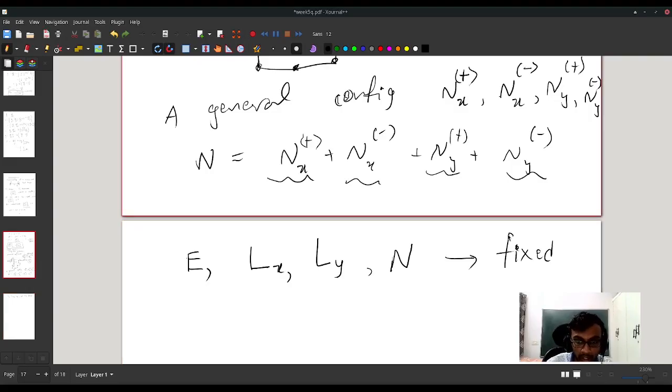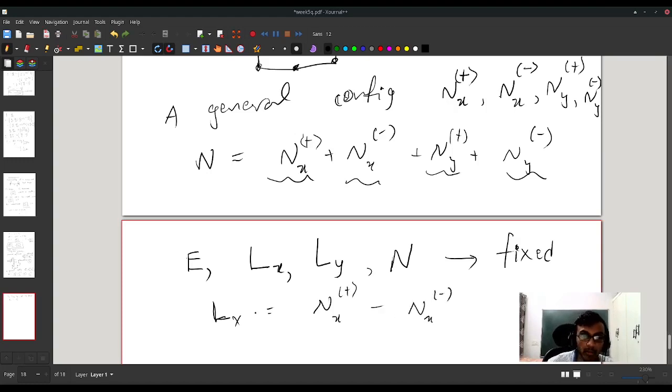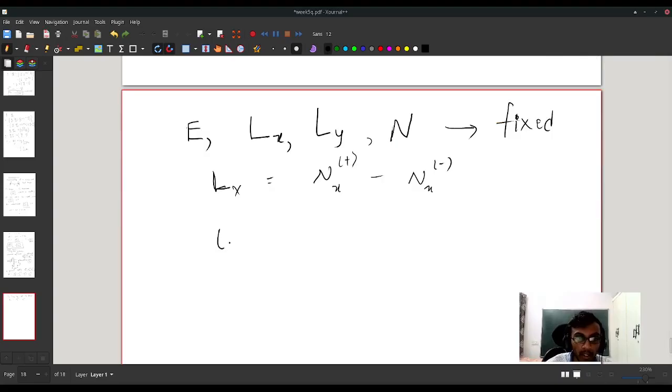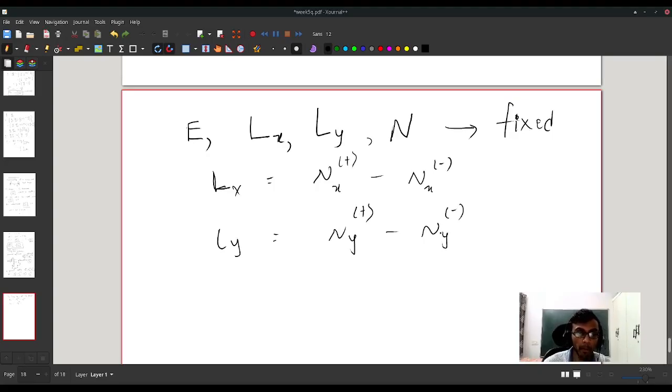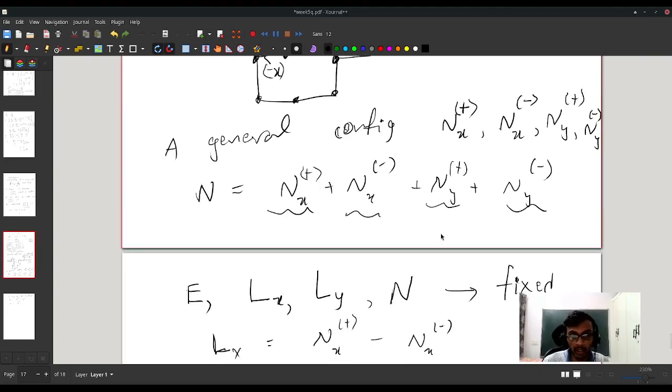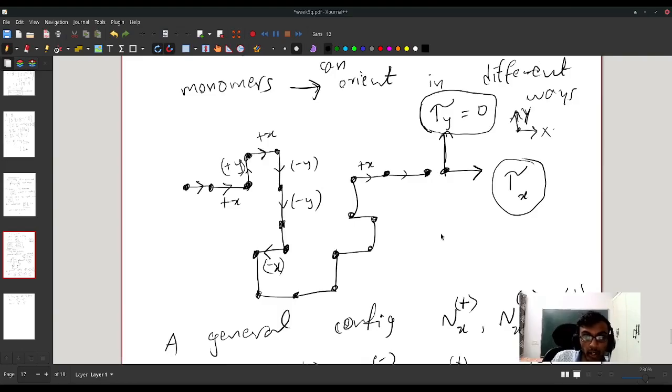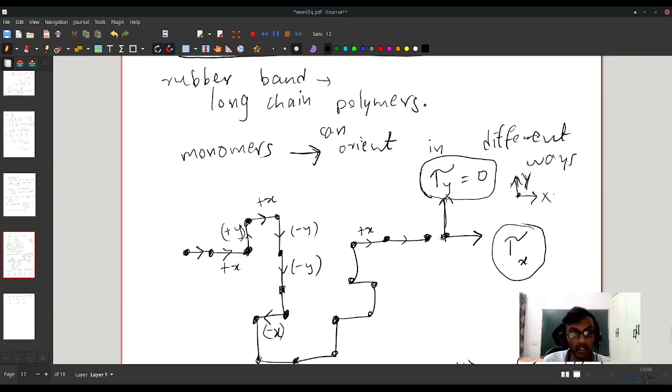So n is that which we've already written here, and Lx is going to be nx plus minus nx minus, and Ly is going to be ny plus minus ny minus. And importantly, the energy, we have not talked about the energy of a configuration.